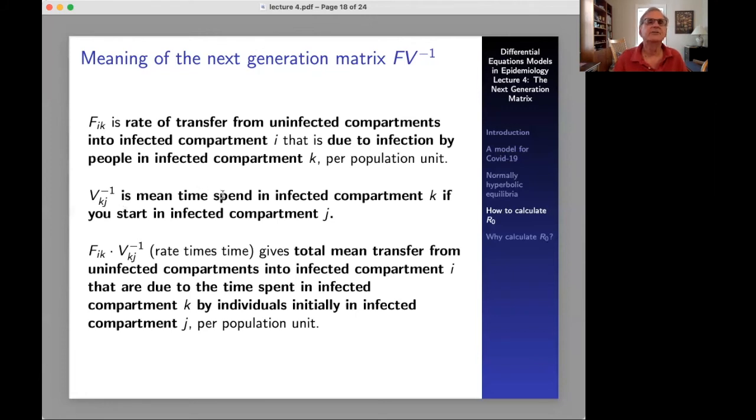It's mean time spent in infected compartment K if you start in infected compartment J. So when I multiply these 2 numbers together, what I'll have is a rate times a time. That will give me total mean transfer, not a rate anymore, total mean transfer from uninfected compartments into infected compartment I due to the time spent in infected compartment K infecting people by individuals initially in infected compartment J.